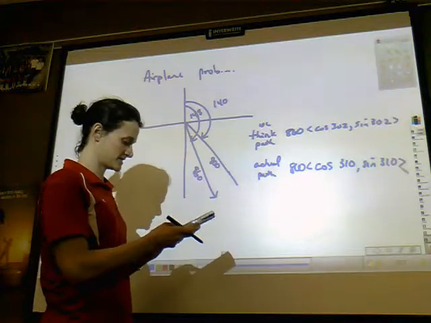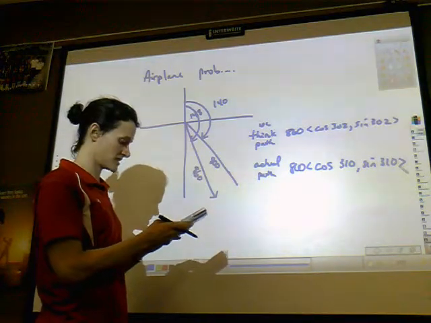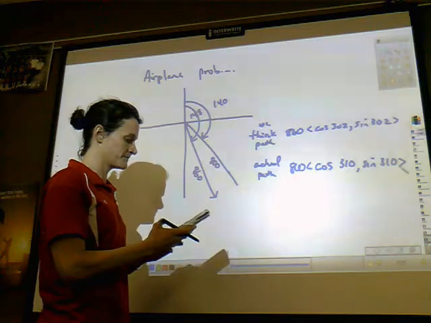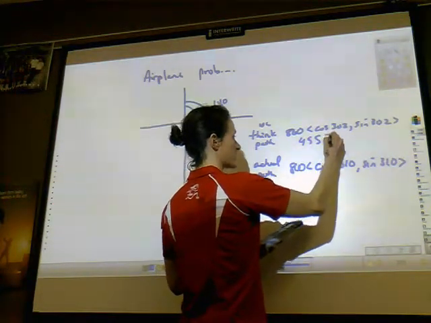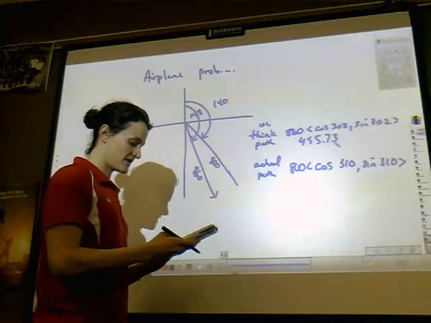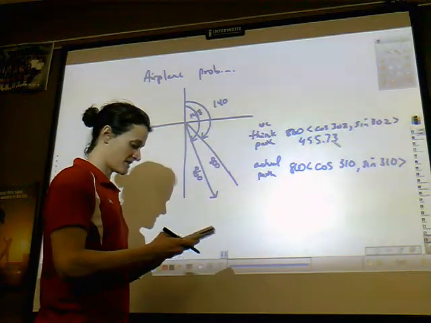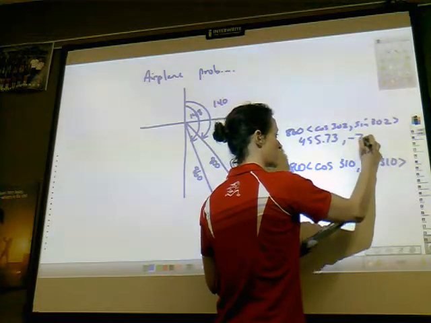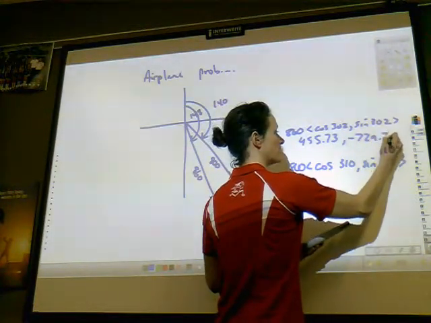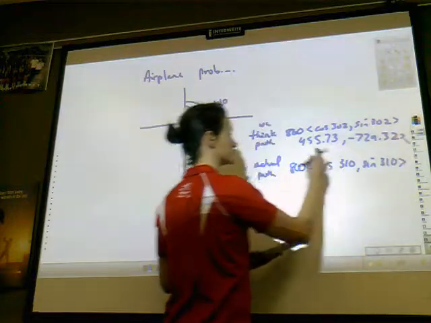So 860 times cosine 302 came out to be 455. And we're going to the right, so it makes sense that it's positive. Now 860 times the sine of 302 comes out to be a negative number, which I'm glad of, because if it didn't, I'd be worried, because on a coordinate plane, shouldn't this one be negative?